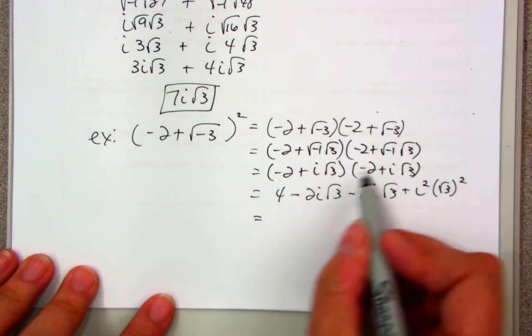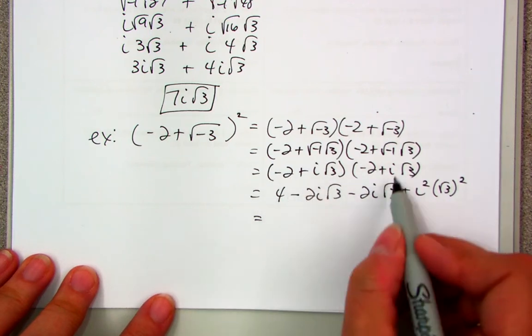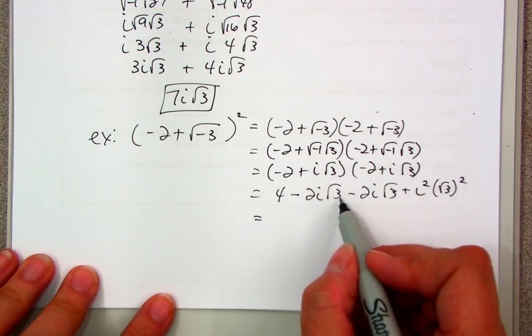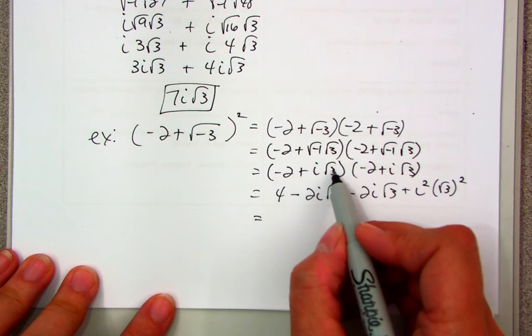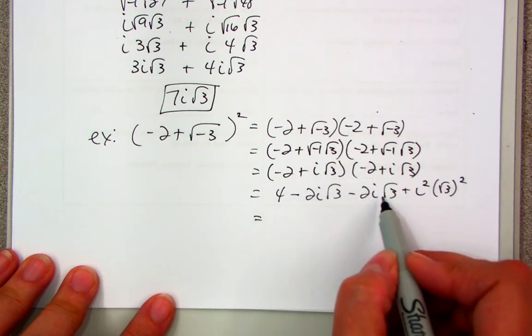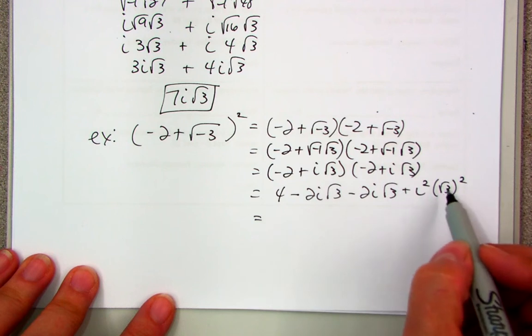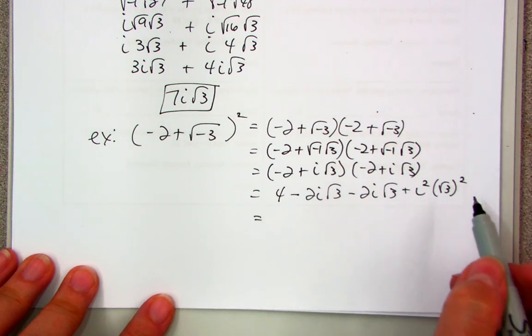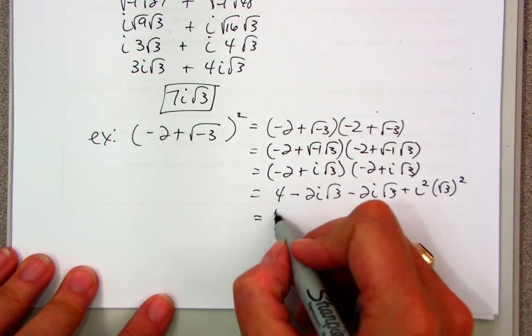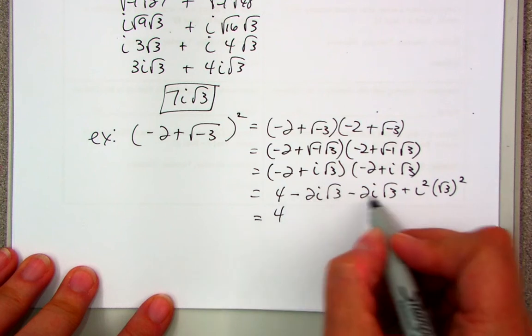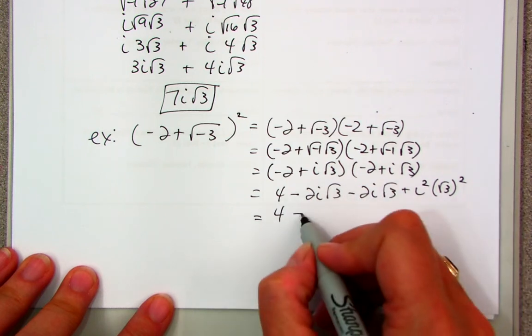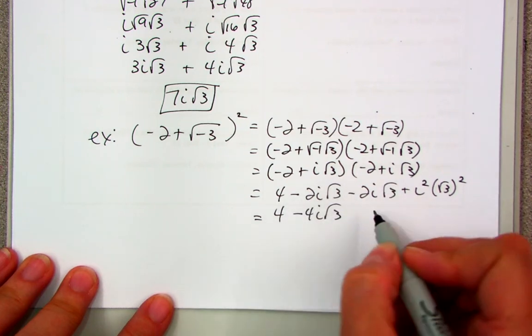So -2 times -2 is 4. -2 times i square root of 3 is -2i square root of 3. This i square root of 3 times a -2 is -2i square root of 3. Then i square root of 3 times i square root of 3 is i squared, square root of 3, quantity squared. So I have 4. I have negative 2 and negative 2 of these. These they may combine, so there's negative 4 of them.